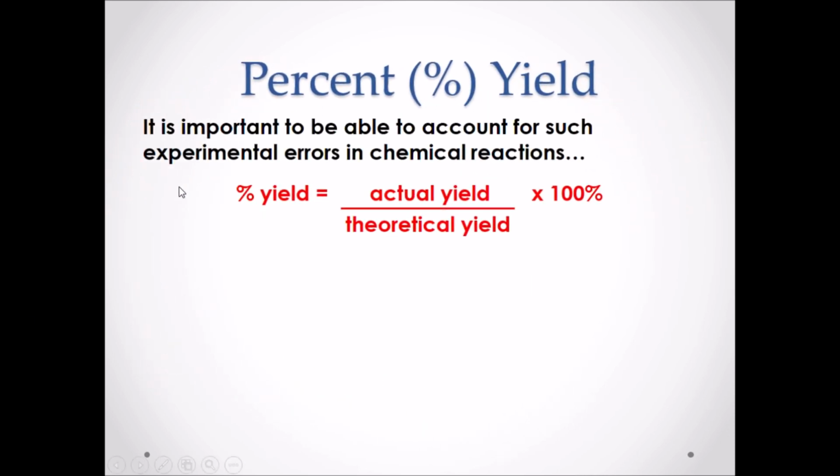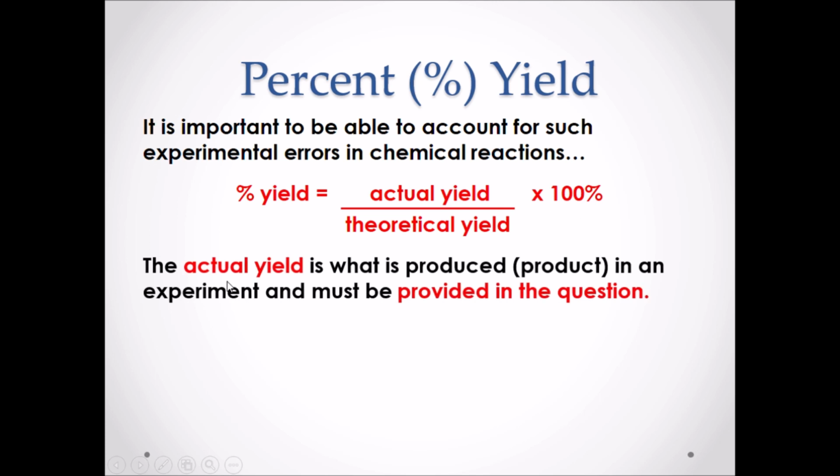Percent yield. It is important to be able to account for such experimental errors in chemical reactions. This can be done by calculating the percent yield. When we talk about the word yield, we refer to the amount of product produced in a chemical reaction. Percent yield is equal to the actual yield divided by theoretical yield times 100%.